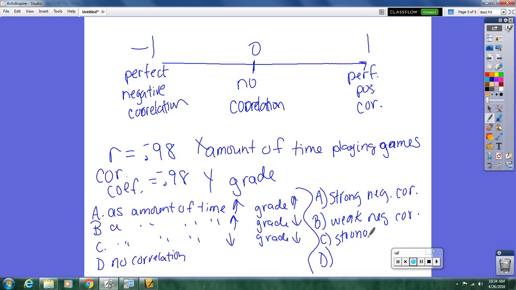A strong positive correlation or a weak positive correlation. Two ways you're going to see that problem presented. A very easy question here. Why do you think I'm spending all this time? Not necessarily on today, but when I go through it, I say they're going to give you 2 or 3 of these questions. They're very simple. Why would I do that?